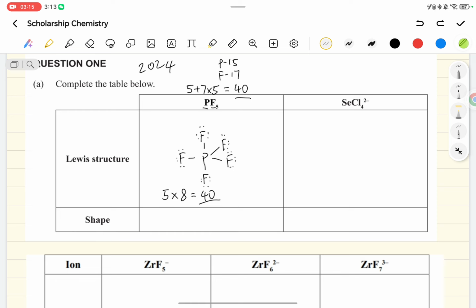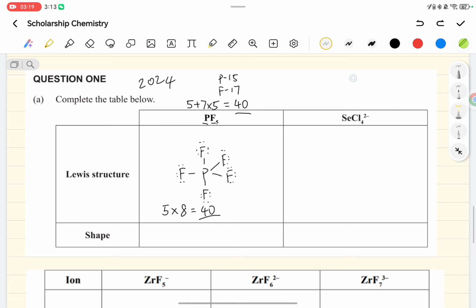And now let's look at our polyatomic ion, SeCl4 2-. Se is in group 16, so it has 6 valence electrons, and Cl is in group 17, so it has 7 valence electrons. Se is the central atom, but before we draw anything else, we'll put big square brackets around the structure and put a 2- charge since it's an ion.